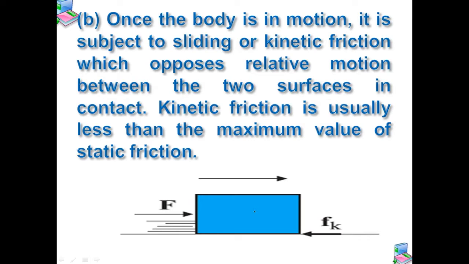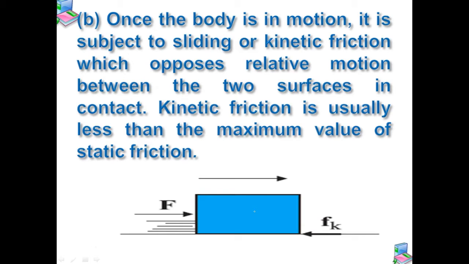We can say the frictional force which opposes the movement between two bodies in contact is called kinetic friction. So when both the bodies are in motion, this kinetic friction comes into play.